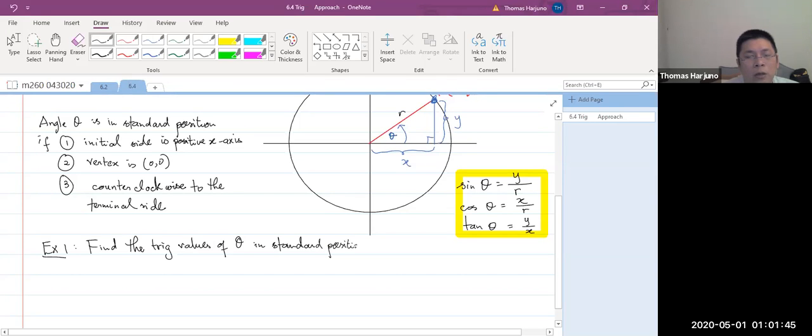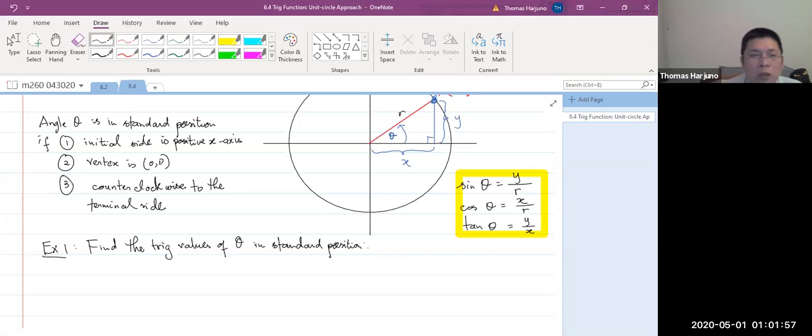Actually, whatever theta is given to us here, unless said otherwise, it is in the sense of standard position. So when we say theta is 30 degrees, we don't need to say anymore whether it is counterclockwise or clockwise, from positive x-axis, from negative x-axis, or from y-axis. No need. Once I say 30 degrees, it means that thing. It is in standard position, unless I say it another way.